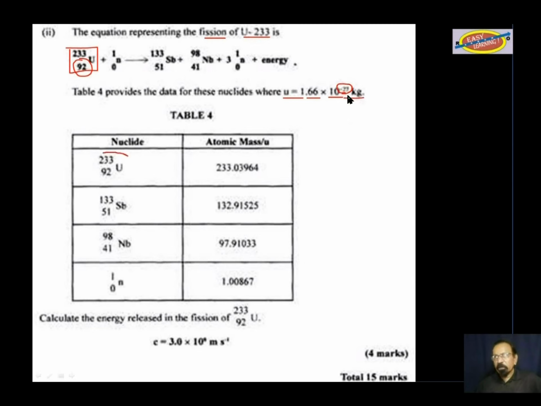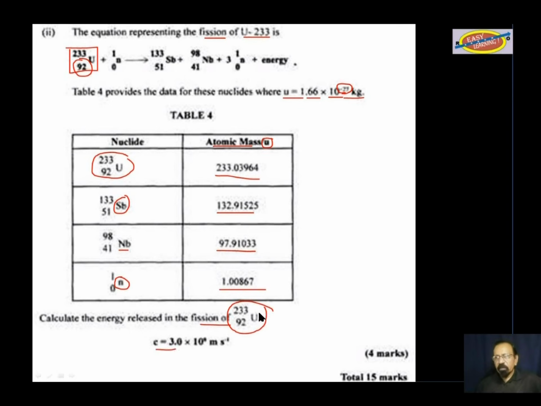So you have the uranium atom. This is its mass, atomic mass unit, shortened to U. This SB here, whatever that is, its atomic mass is that, NB, and a neutron, its mass is 1.00867. You are to calculate the energy released in the fission of one atom of uranium.